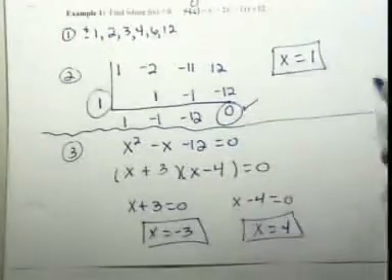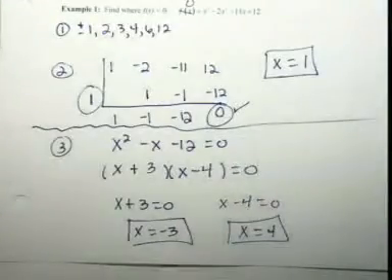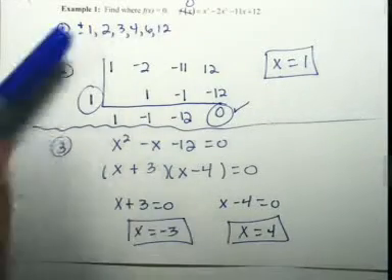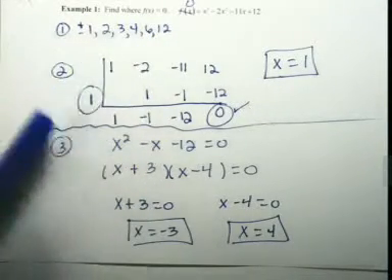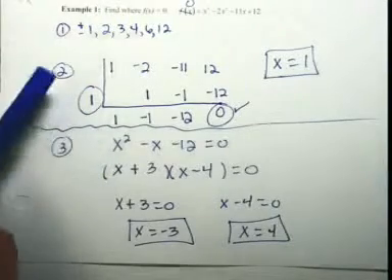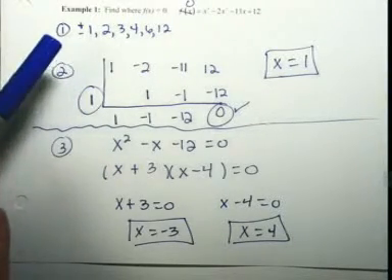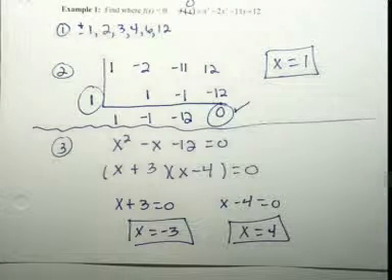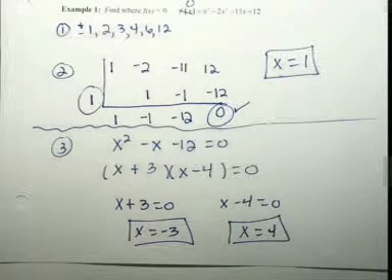This was an x to the 3rd, and I do end up with 3 answers. Now, these answers were also up here on my list, but once I got it to an x squared, I didn't have to go ahead and try -1, 2, -2. I could use factoring to find these answers just a little bit quicker.